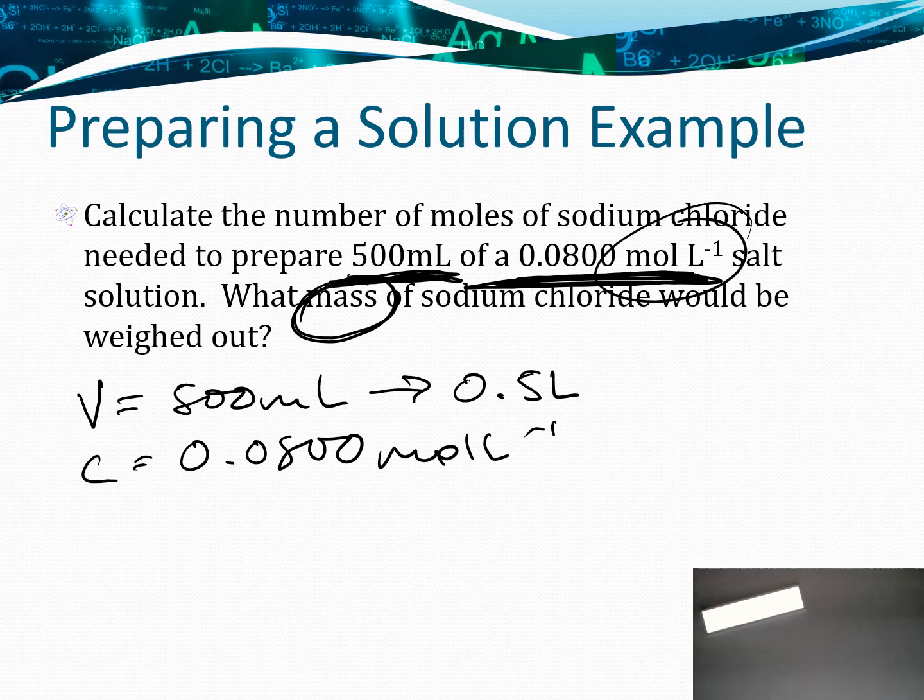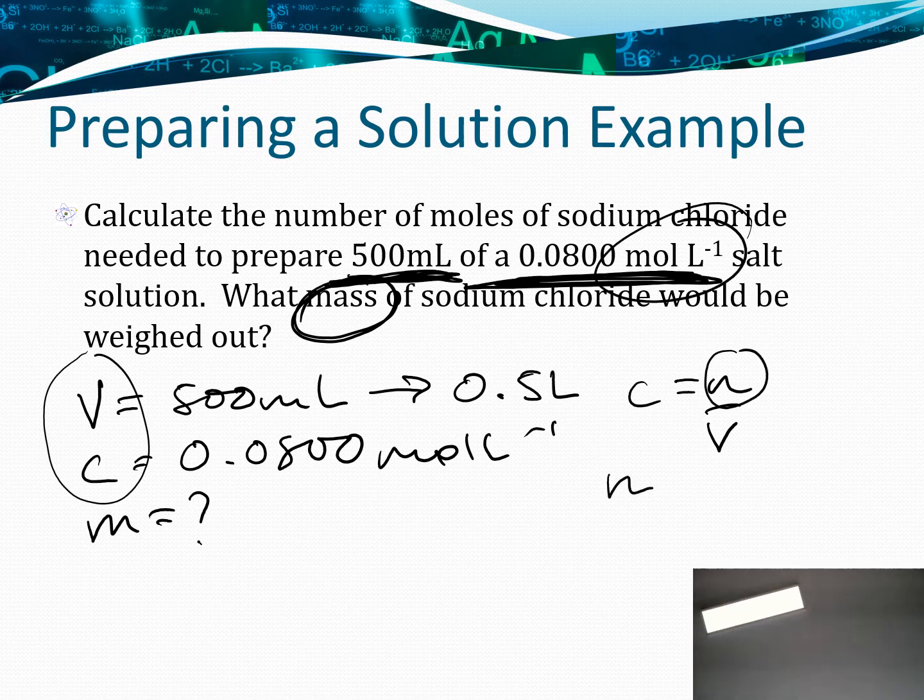So we're looking for mass, and all we have is concentration and volume. I know that volume and concentration are connected in the formula C equals n over V. That means I can use this formula to determine the number of moles if I rearrange the formula.